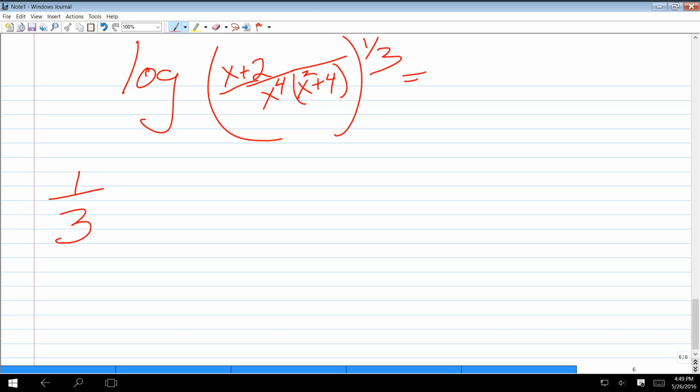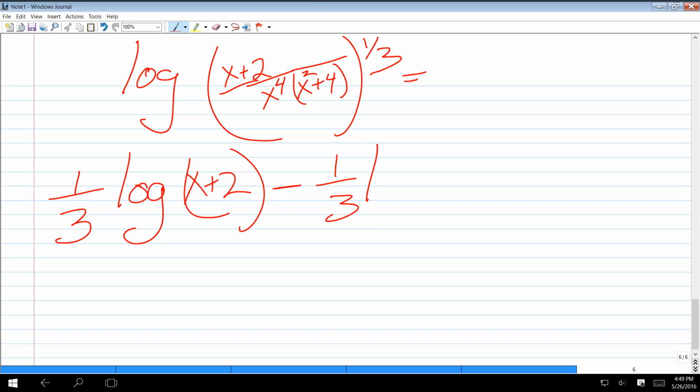All of this is being taken to the 1/3, so I'm going to put the 1/3 in front of each part of this. Well, it's the top minus the bottom. Right? In other words, that's what gives you division, is when you have the top minus. Now, here, what goes in that is going to be x to the 4th.